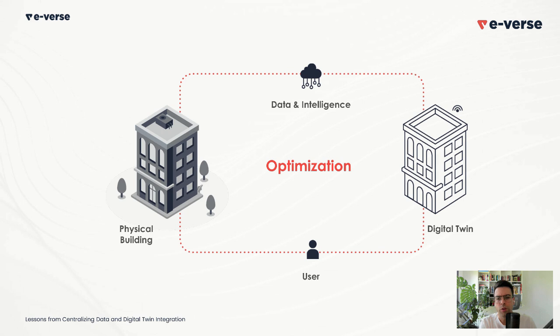And sometimes when we consider digital twins, we consider them as a digital representation of a physical building, right? So basically, how the user interacts and that data feeds the digital twin, and the digital twin reflects the physical building.